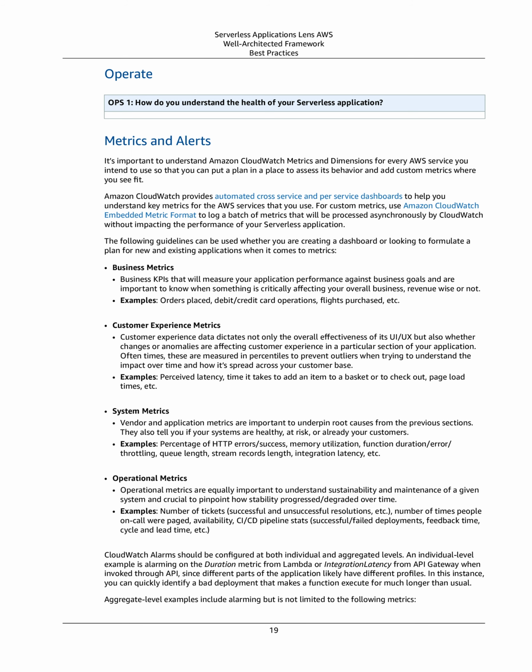Operational metrics are equally important to understand sustainability and maintenance of a given system and crucial to pinpoint how stability progressed/degraded over time. Examples: number of tickets, successful and unsuccessful resolutions, etc., number of times people on call were paged, availability, CI/CD pipeline stats, successful/failed deployments, feedback time, cycle and lead time, etc.